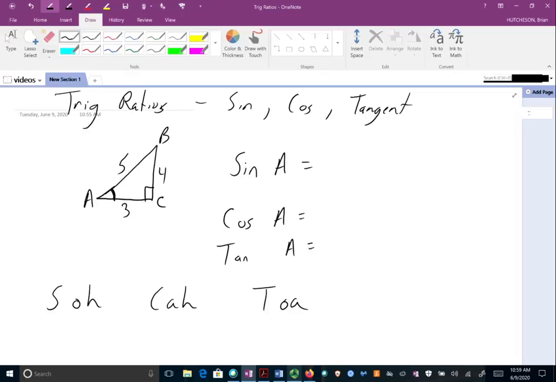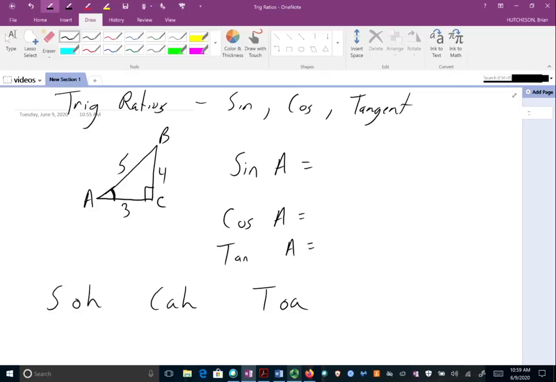SOHCAHTOA. Well, what does that mean? O is opposite. H is hypotenuse. And A means adjacent.